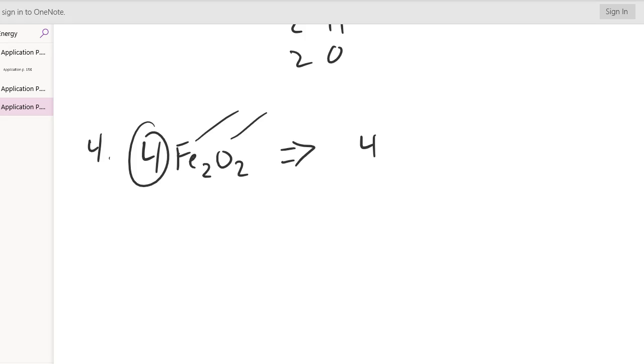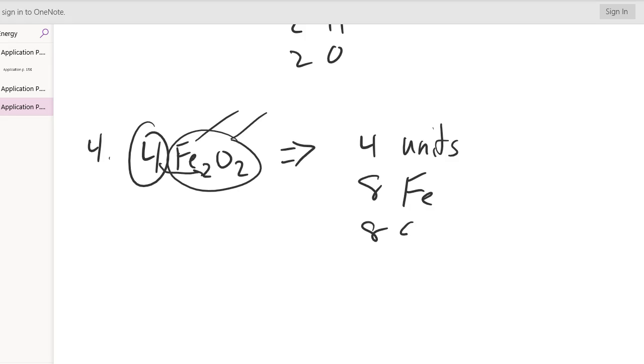Now the next question is how many iron there are. Well, you take the 4 and multiply it by 2 because there are 2 atoms in every molecule of this. So 4 times 2 would be 8. And the same thing with the oxygen: 8 oxygen.